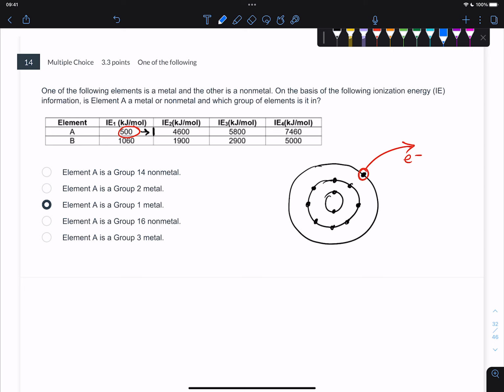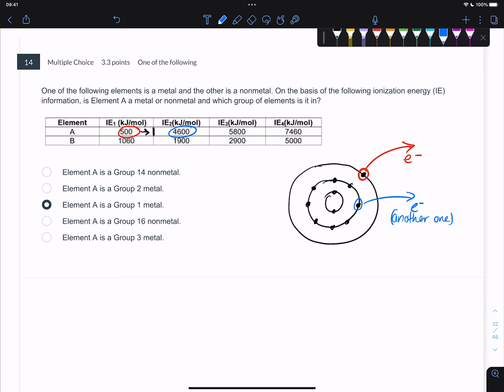But in order to steal any other electrons from the second, or one closer energy level to the nucleus, it takes a lot more energy because it's held more tightly to the nucleus, and that's why this is a bigger jump.